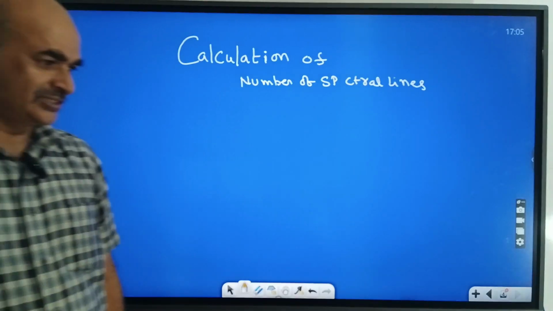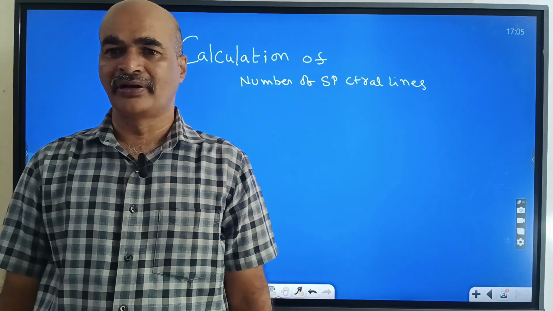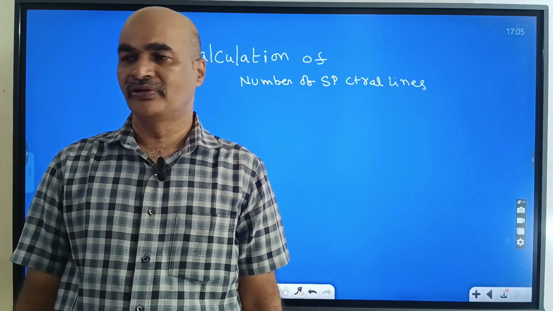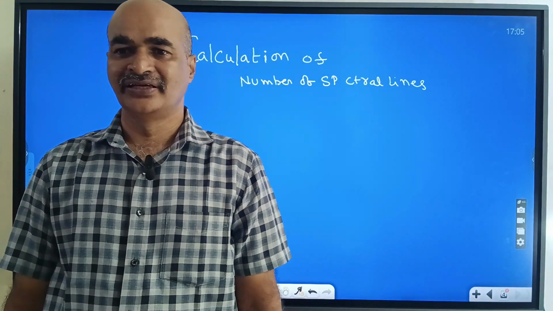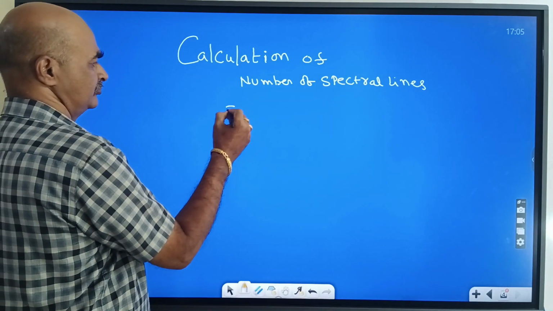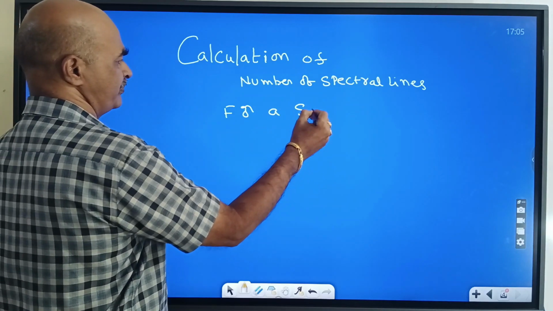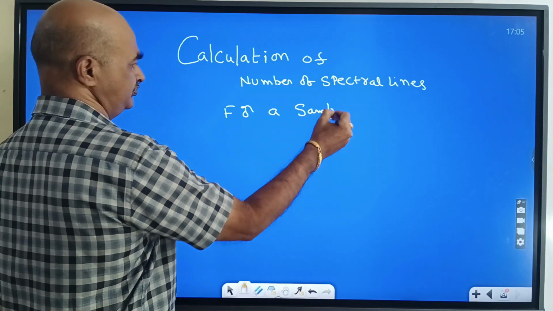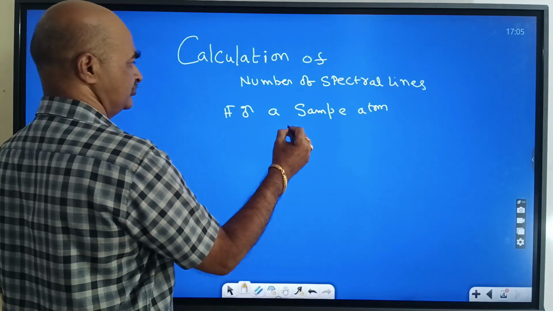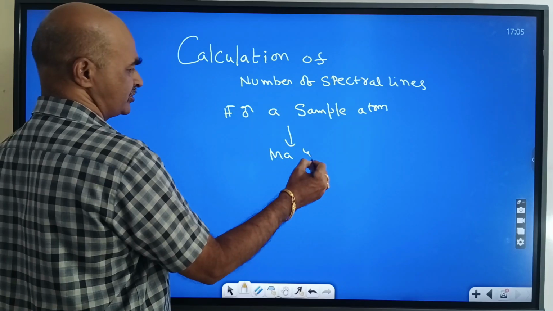Today we discuss the calculation of the number of spectral lines. For a sample of atoms, it means many atoms.